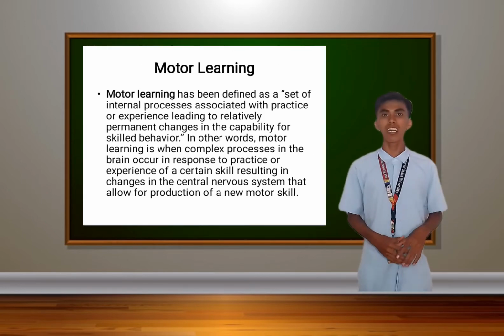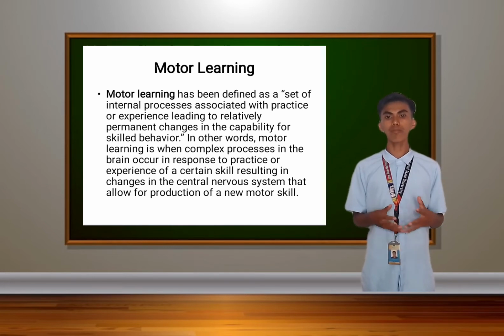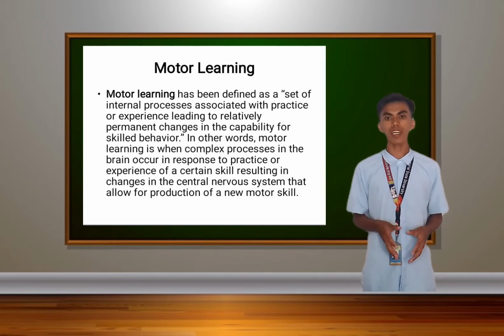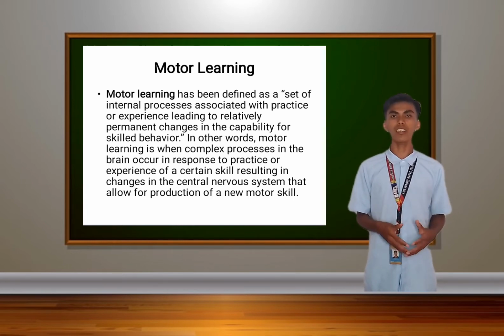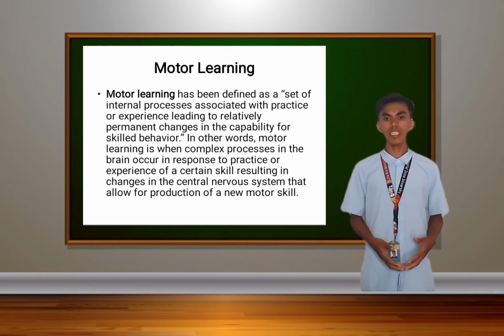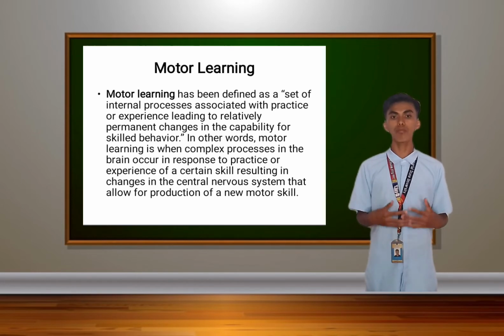Okay, next, what is motor learning? Motor learning has been defined as a set of internal processes associated with practice or experience leading to relatively permanent changes in the capability for skilled behavior.